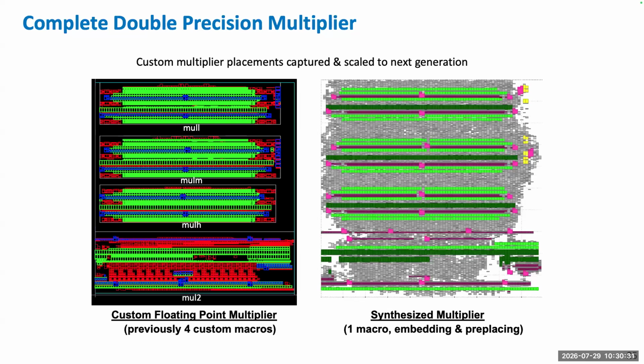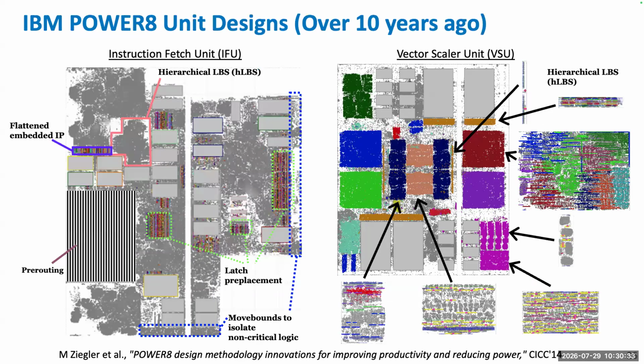So that's an example. And then maybe moving to larger blocks, and these are even small by modern standards. Maybe these are 1/5 or 1/10 the size of the larger blocks that we'll do today. But at the time, these were pretty large units, which we could do effectively with synthesis, place, and route, which we couldn't in the past.